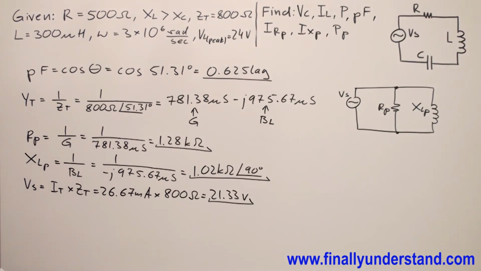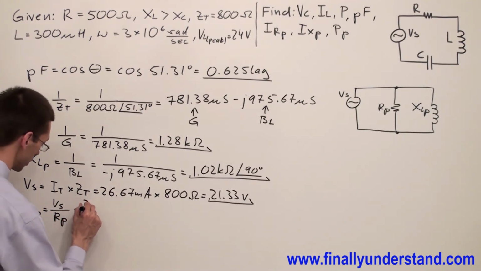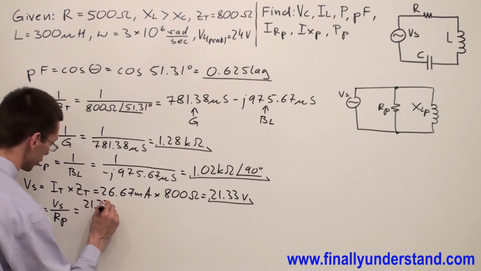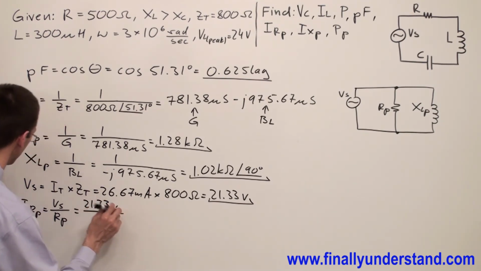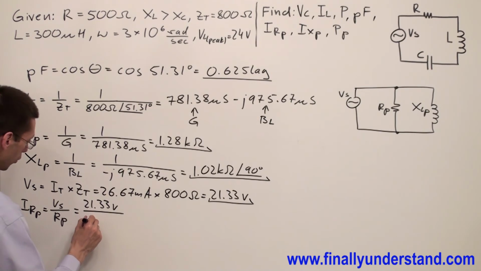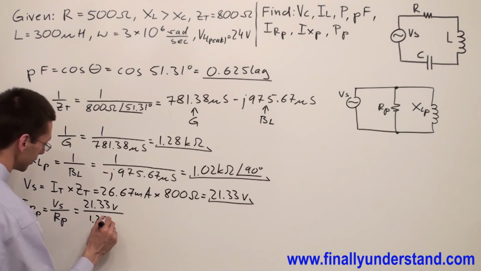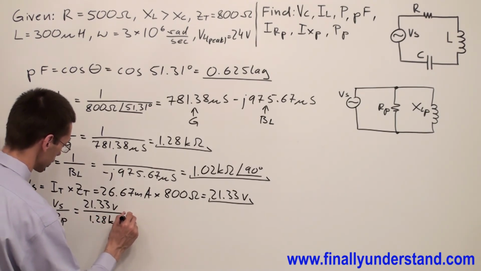So in order to find the current which goes through the resistor R_P, I'm going to write I_RP is equal voltage source over R_P, where voltage source is equal 21.33 volts over R_P 1.28 kiloohms.